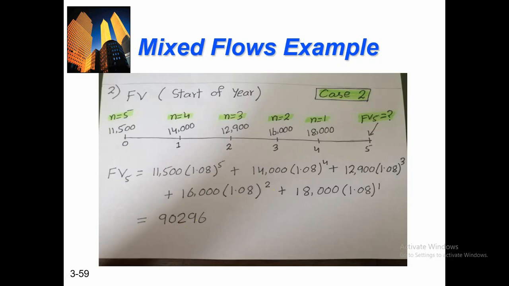So here I want to give you a conclusion, the same as in the annuity lecture. Here we conclude that the future value of annuity due will always be greater than the future value of ordinary annuity. You need to be clear on one thing here: the future value of annuity due will always be greater than the future value of ordinary annuity.